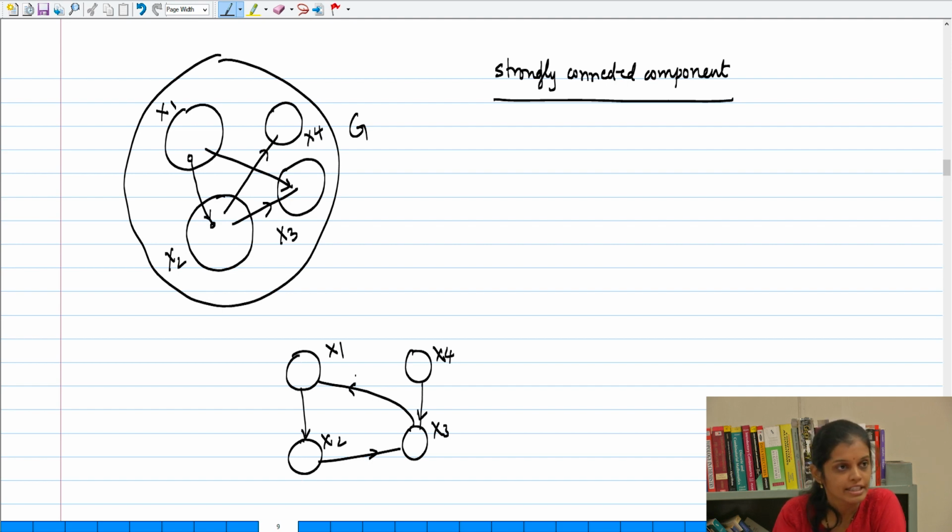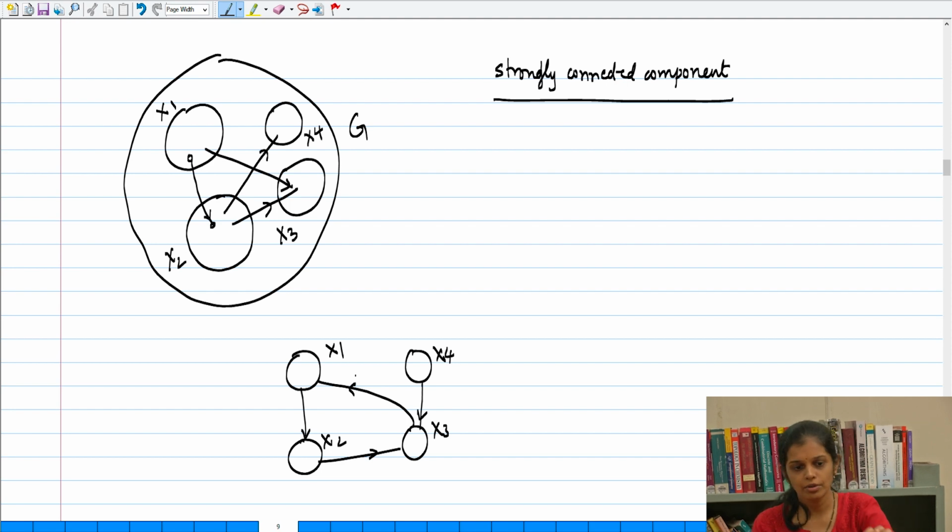Therefore, I cannot have any cycles. So if somebody gives me the connected components and I draw these edges, what kind of graph do I see? A DAG. You have seen that yesterday. Directed graphs which do not have cycles are DAGs, and you expect this meta graph to be a DAG.